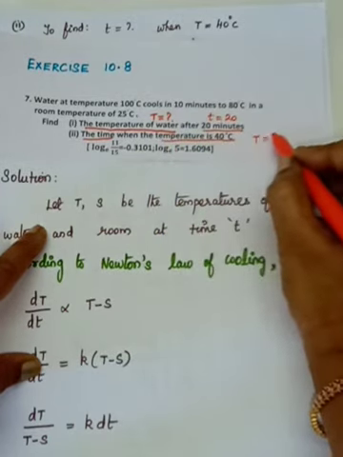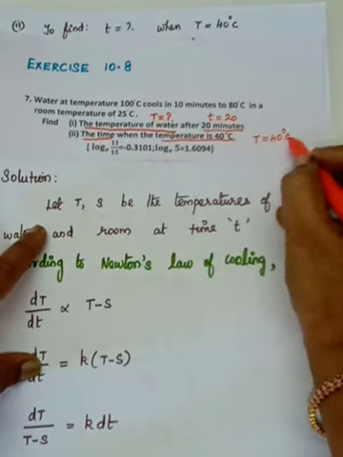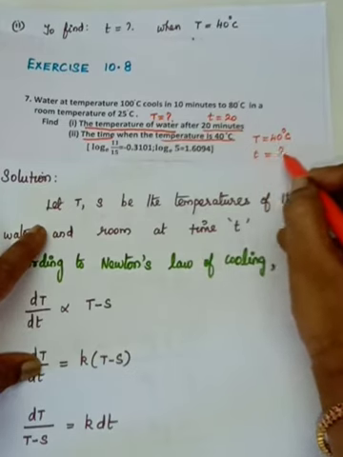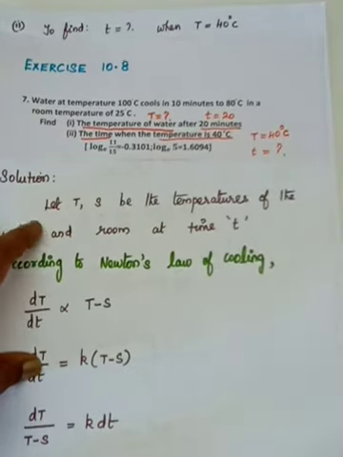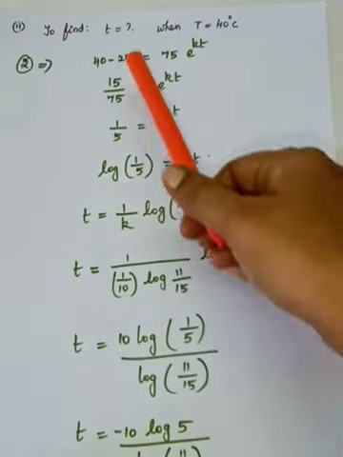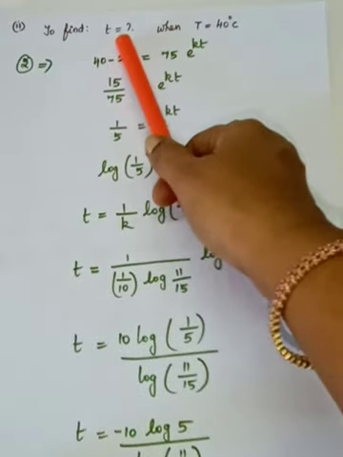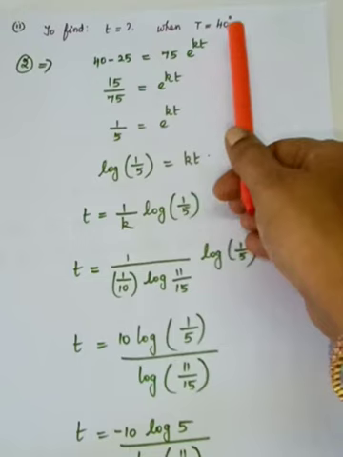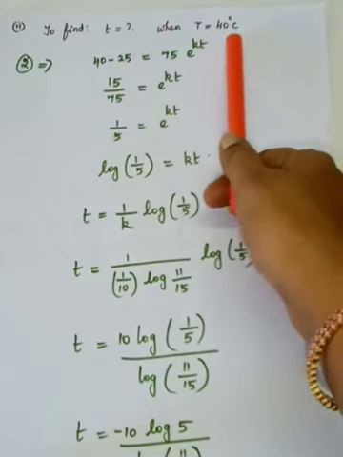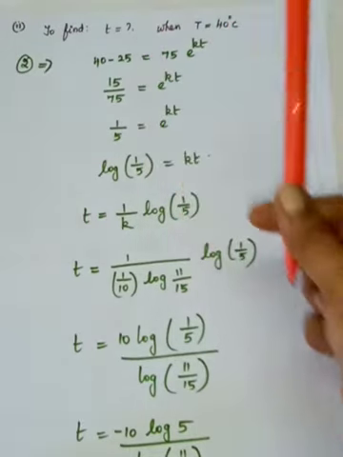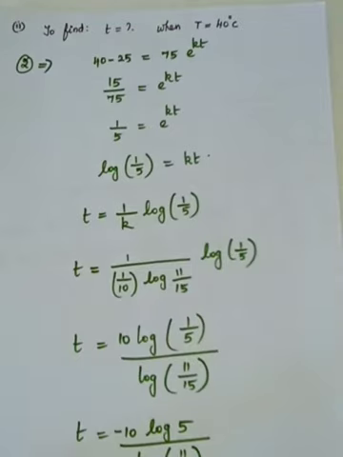Capital T is equal to 40 degrees Celsius is given, and what is asked? Small t is equal to what? So we have to find the time when the temperature is 40 degrees Celsius. Where do you have to substitute this result? We have to substitute in equation 2, the final equation.